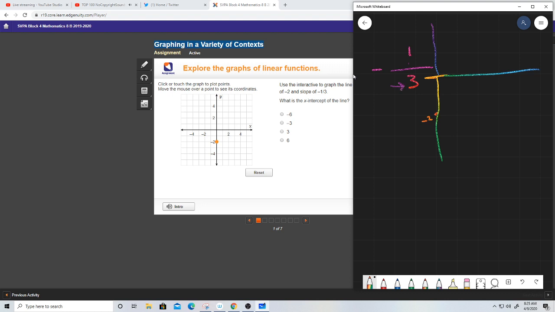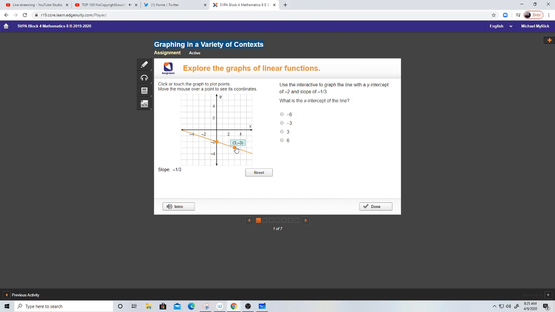So from here, 1, 2, 3. And then the negative sign says go down, and it says go down that many. So from here, we're just going to go down 1. And now we have a line, a little line equation, so we can connect that. We're going to do that a lot today.